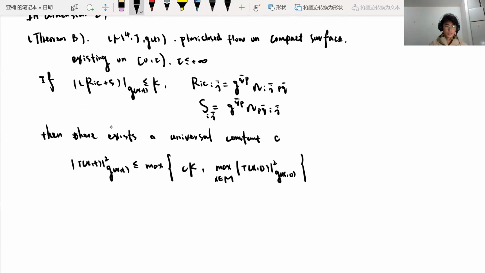And if we have this theorem, then we can give another proof of the results of Streets and Pling in dimension two. They show that in every dimension, if the right-hand side part of the Chern Ricci equation is bounded, then the solution is global, or the solution can exist for a long time.